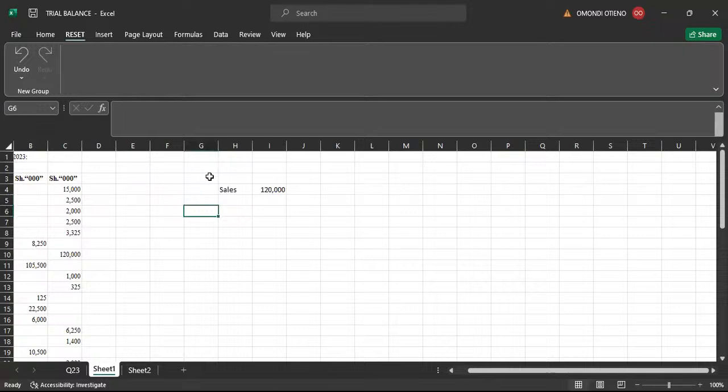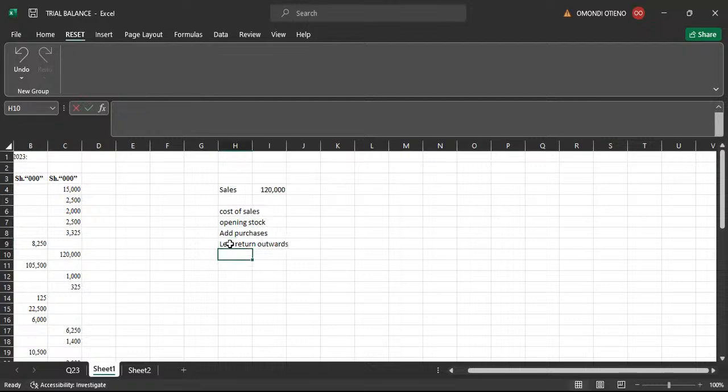So after getting sales, we are going to move to cost of sales. Under cost of sales, we start with opening stock. We add purchases. These purchases here, maybe we might be having return outwards. Return outwards should be subtracted.